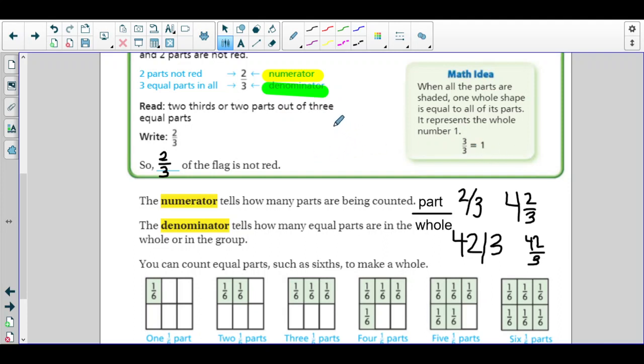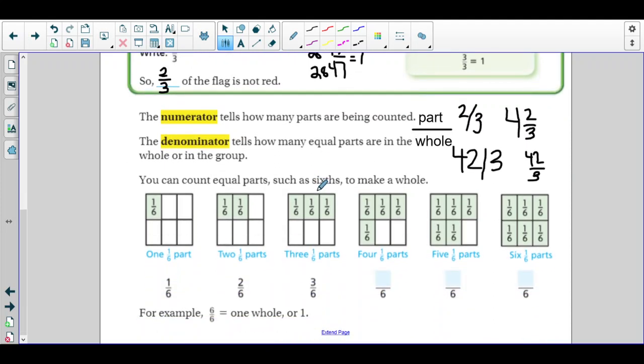Later on, 7/7, that's equal to 1. 47/47, that's equal to 1. 2,847 over 2,847 is equal to 1. N over N is equal to 1. All right, let that sink in for a little bit.